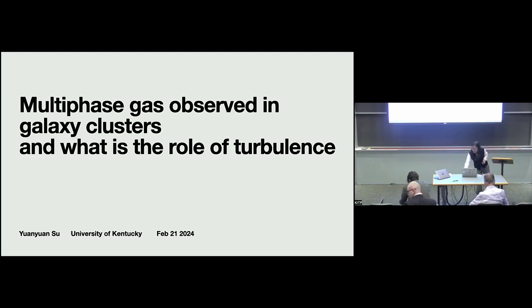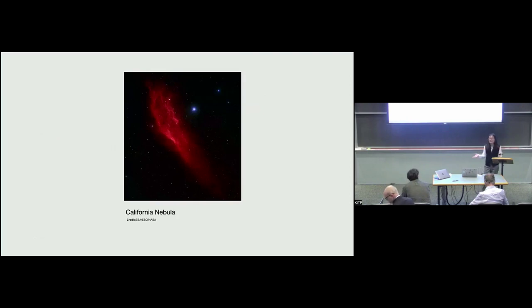Since we're in California, today I want to start my talk with this California Nebula. I think it's obvious where the name is from. It's a nebula very close to our Earth, and it's shining in H alpha and also in H beta.